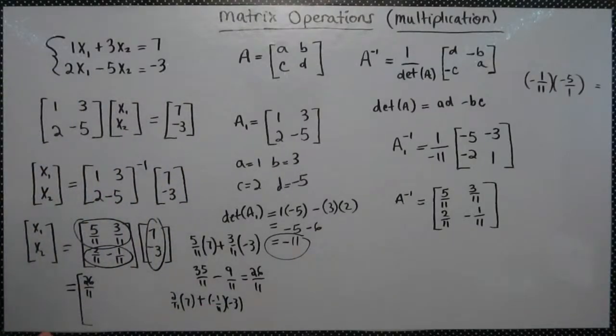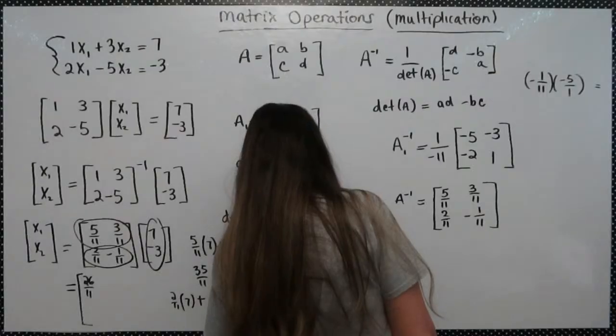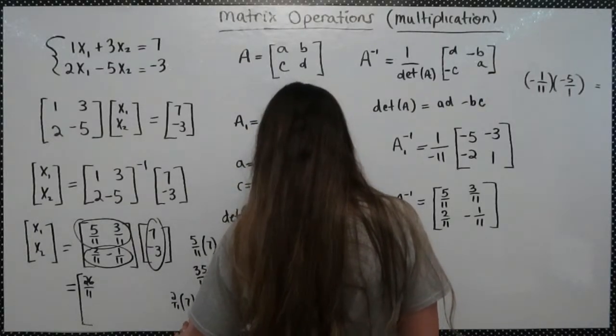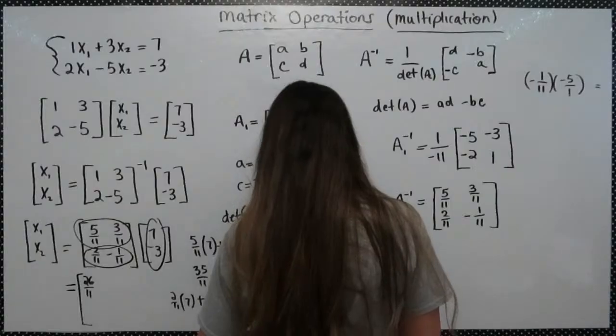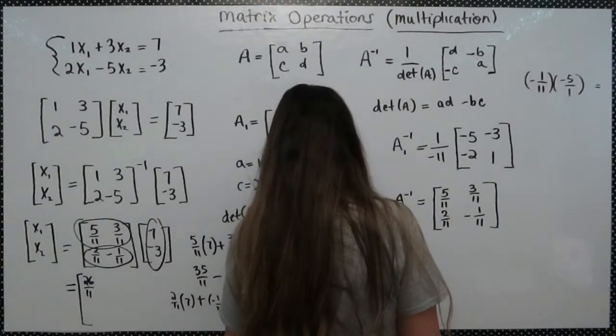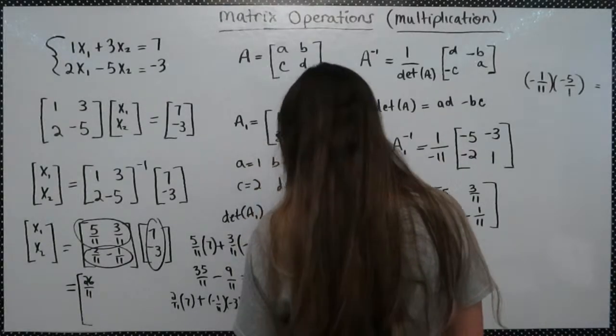So that's giving me 14 over 11, plus, because two negatives make a positive, 3 over 11. So that is going to be 17 over 11, and that'll be positive.